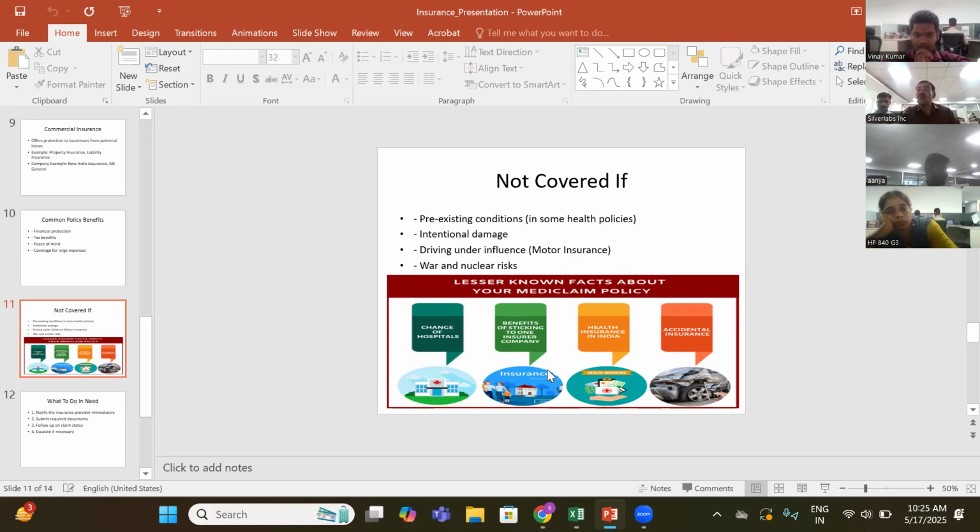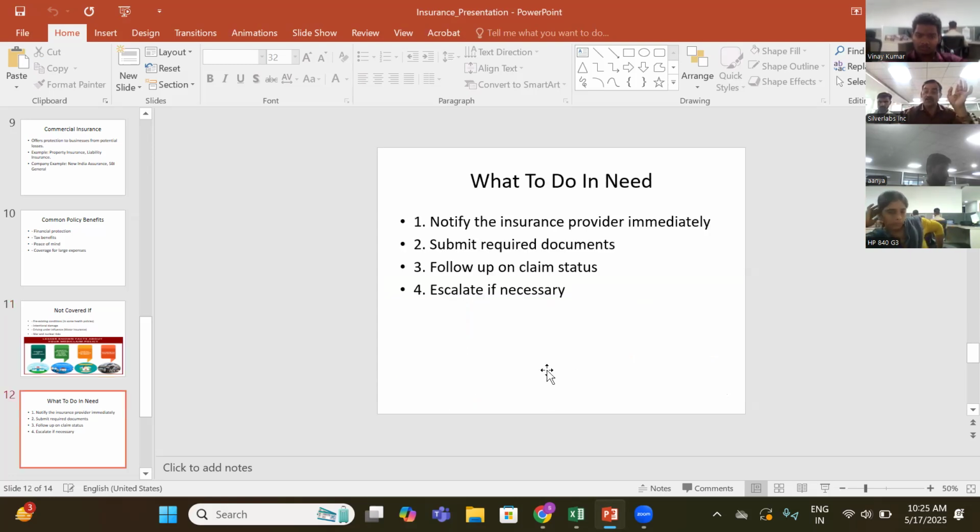Intentional means wantedly doing certain things. It should happen naturally, then only they will pay. How will they come to know? The insurance company has a separate team of professionals and experts who identify the damage or losses and decide whether it is intentional or natural damage. They will assess, and only then disburse the claim amount to the policyholder.